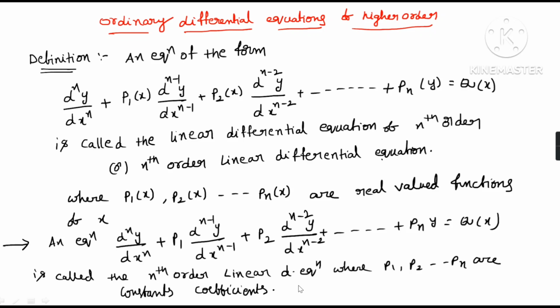So here we are going to solve these nth order differential equations. Two types of nth order differential equations are there. In the first one, p1, p2 and so on pn of x are functions of x, so the coefficients may be functions of x.